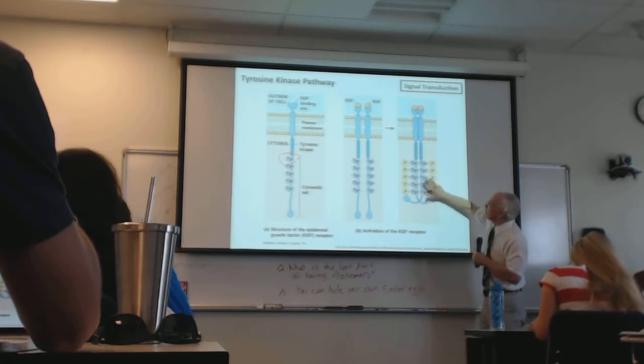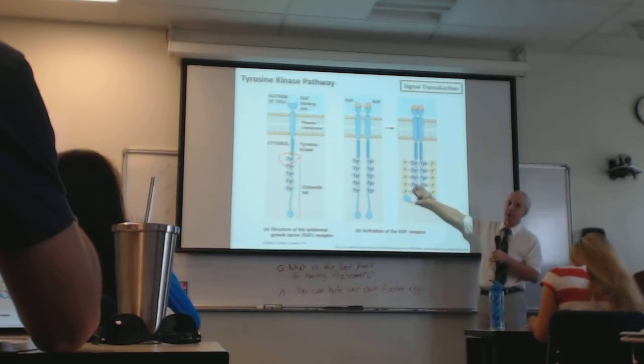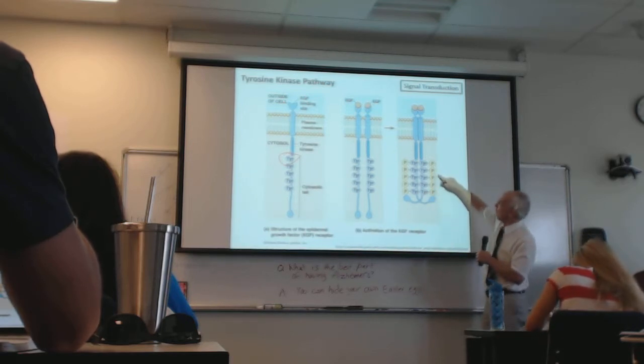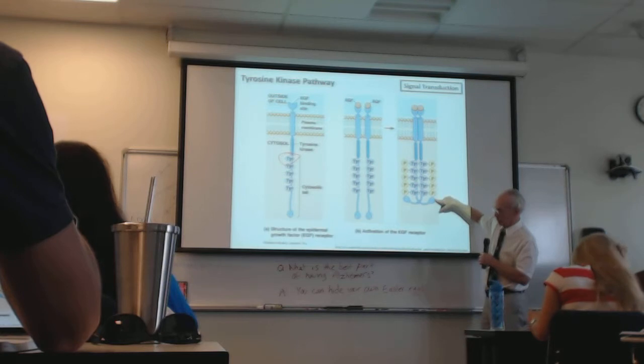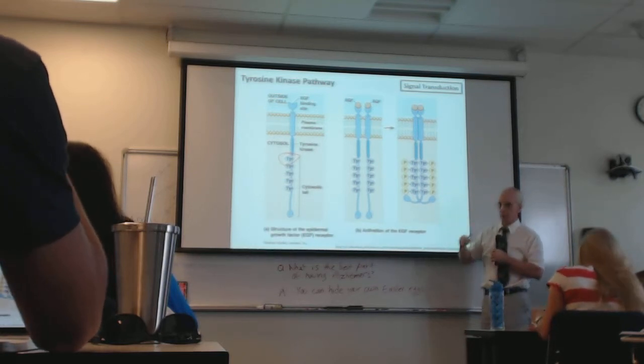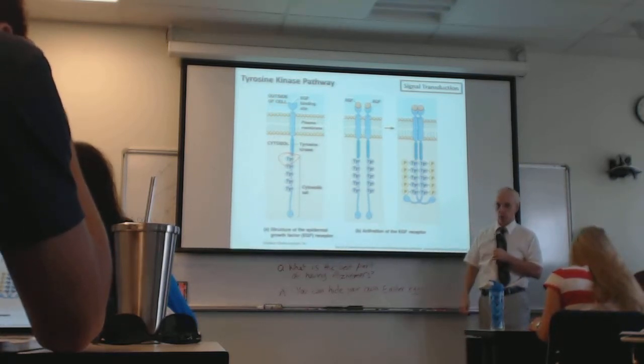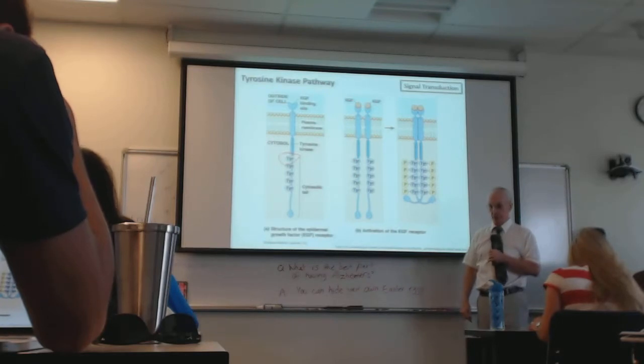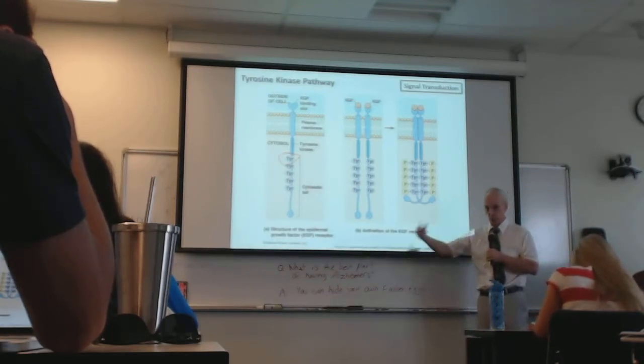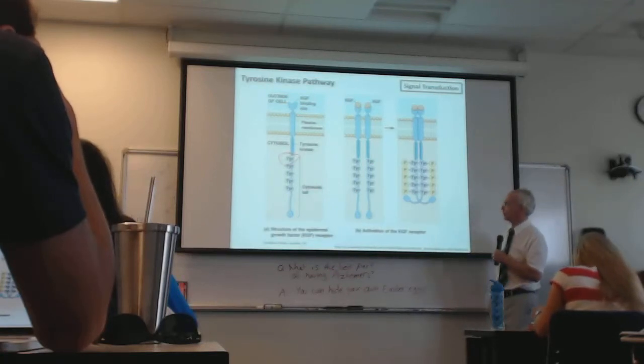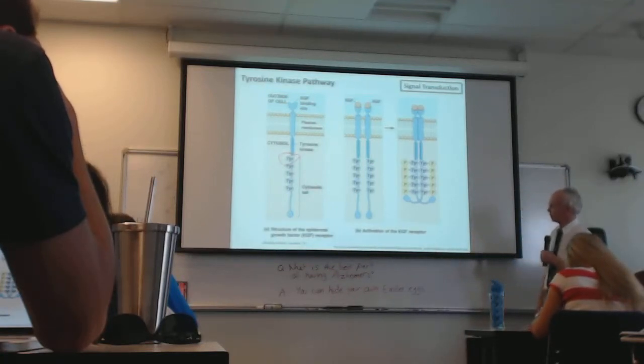What's not shown here is all the ATP that's being sucked up in this process. And then furthermore, this phosphorylation event is transmitted to additional intracellular molecules that are now going to be activated, and they in turn have the ability to amplify this signal intracellularly.